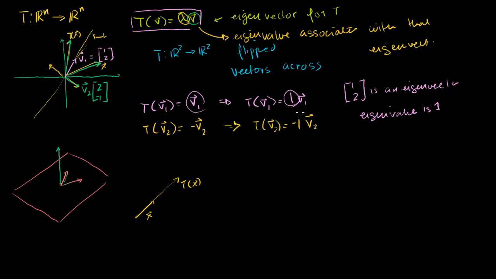This guy is also an eigenvector, the vector 2, minus 1. A very fancy word, but all it means is a vector that's just scaled up by a transformation. It doesn't get changed in any more meaningful way than just a scaling factor. And its corresponding eigenvalue is minus 1.